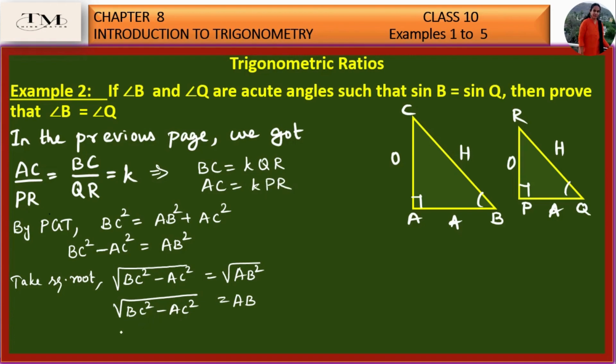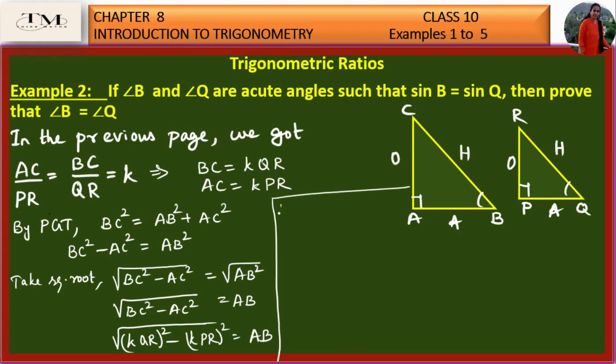So we can write this as square root of, instead of BC we can write K into QR, so K QR whole square minus, instead of AC we can write K PR whole square, which is equal to AB.